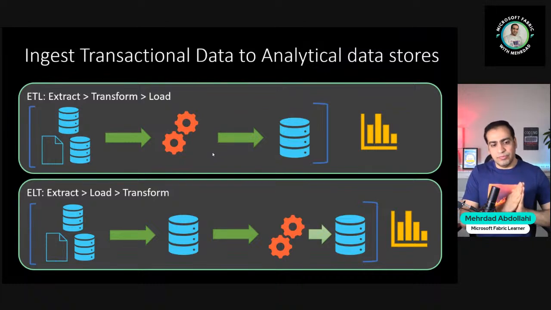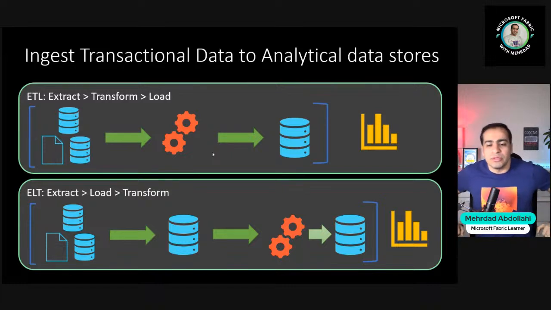In a data warehouse, when we are talking about loading the data, we are involved with two kinds of processes: ETL or ELT. For ETL, we're basically extracting, transforming, and loading the data. Once the data is loaded, we can use it in analytical tools like Power BI, or create reports on top of that, or whatever is required there.